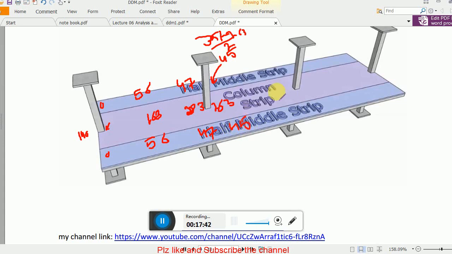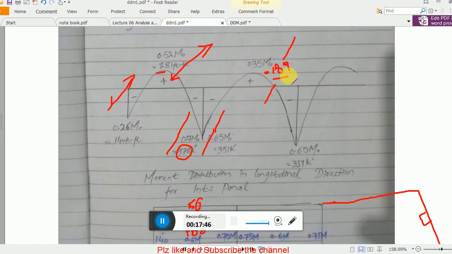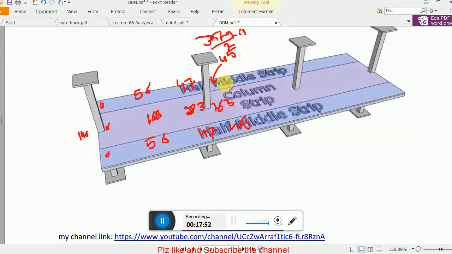Okay, this is important. And the next 35%. So you take 35%, 189. Now here you have 60%. So 0.6 times 189 is 113.